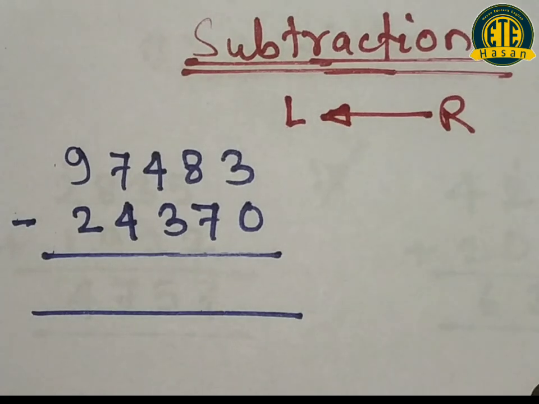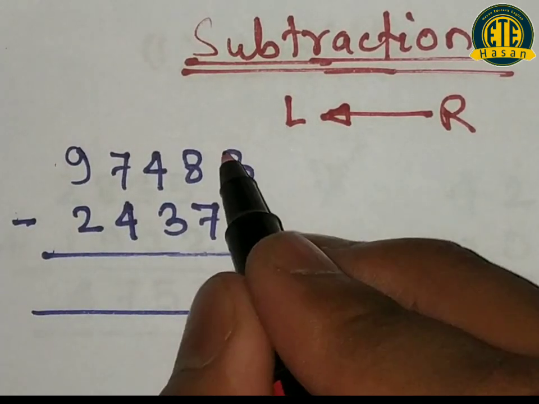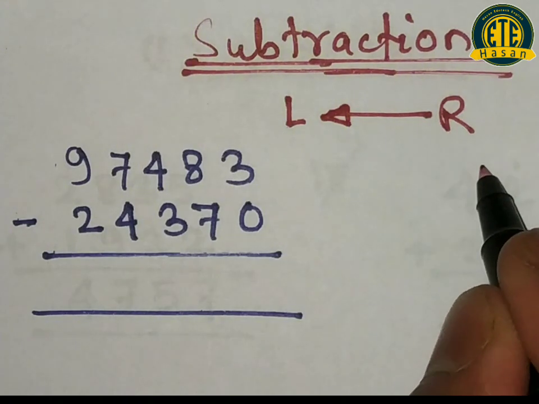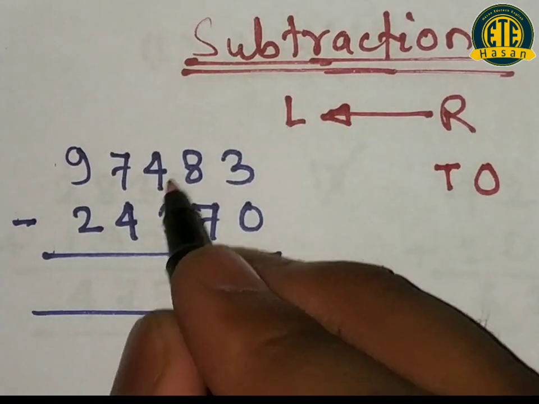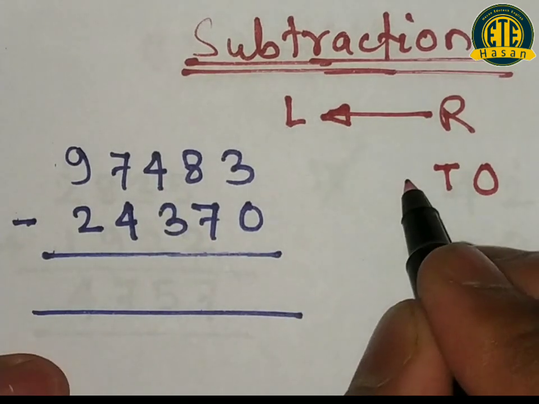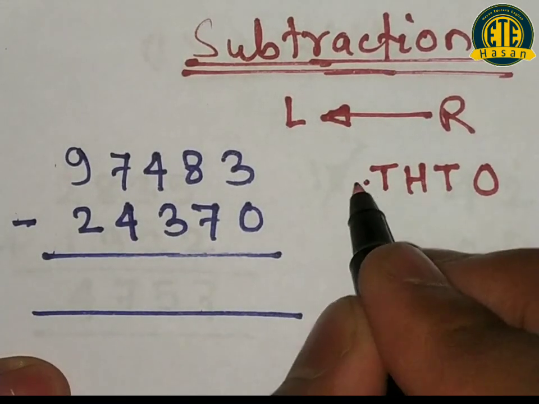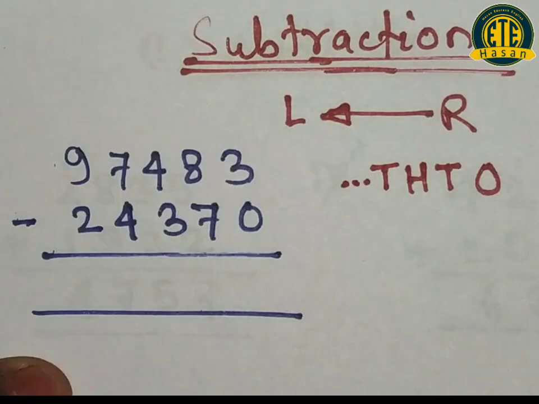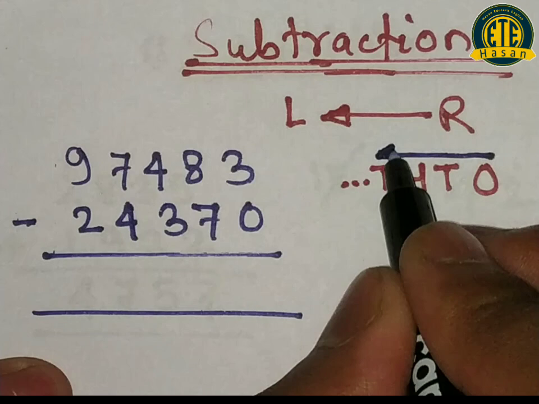The first number here, 3, is the ones place, 8 is the tens place, 4 is the hundreds place, 7 is the thousands place. So we have to work from ones to tens to thousands.